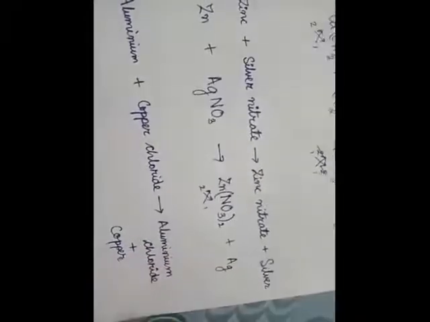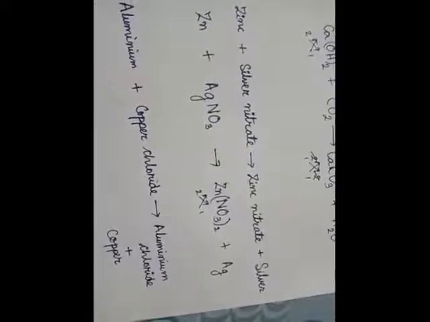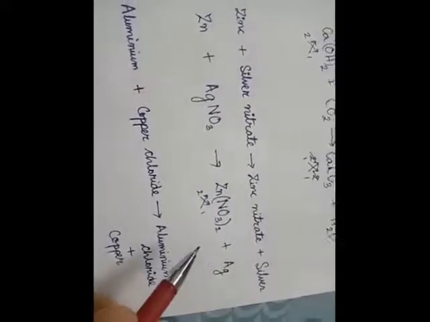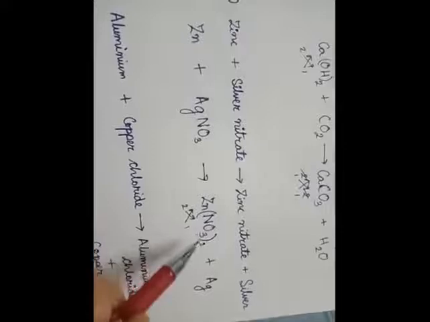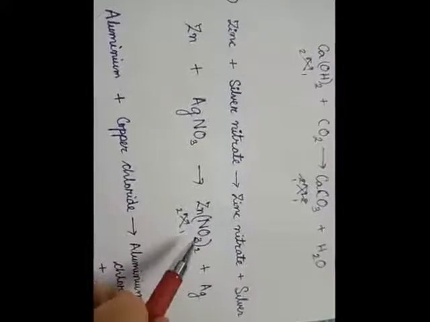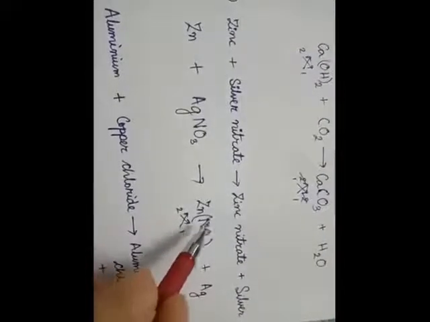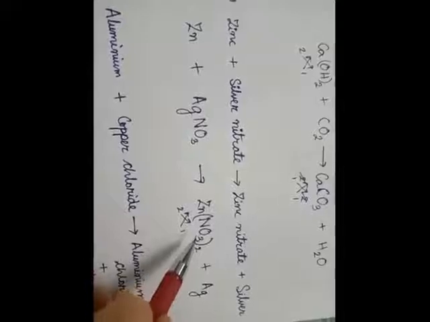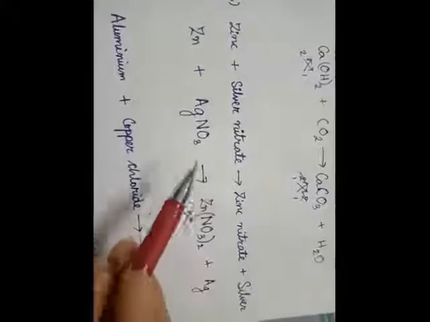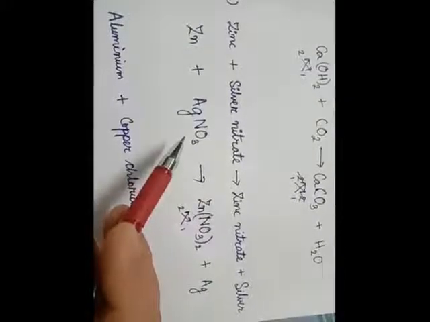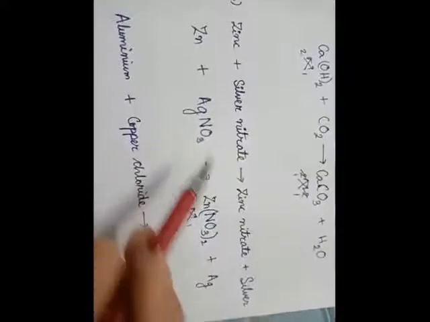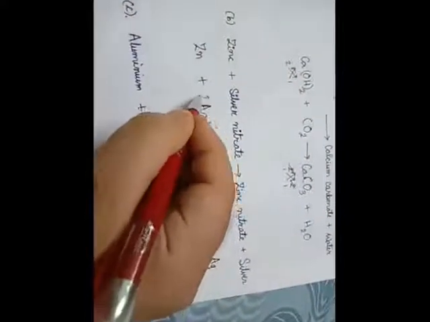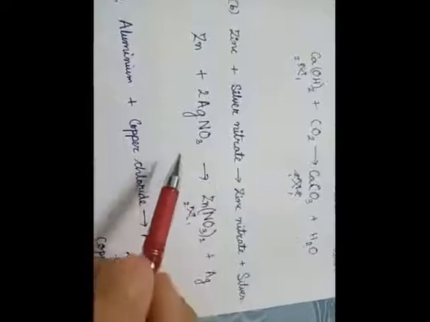Then silver is Ag. Now let us see if the number of atoms on either side are equal. We find that in zinc nitrate there are 2 units of nitrate, but on the reactant side there is only 1 unit. So to make them equal, we put the number 2 before the whole formula of silver nitrate.